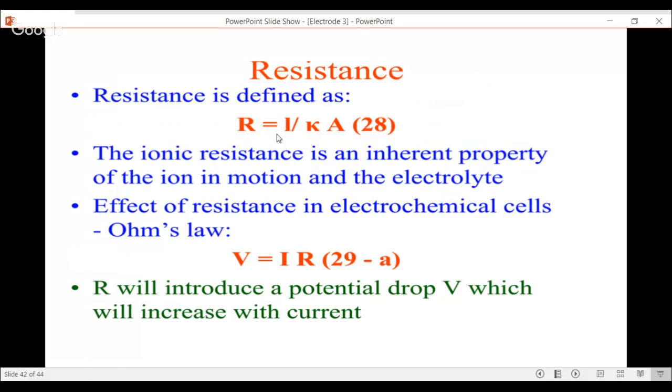Resistance is defined as R equals 1 over kappa times A, where A is the area. The ionic resistance is an inherent property of an ion in motion and the electrolyte. Effective resistance in electrochemical cells follows Ohm's law, V equals IR. R introduces a potential drop V, which will increase with current.